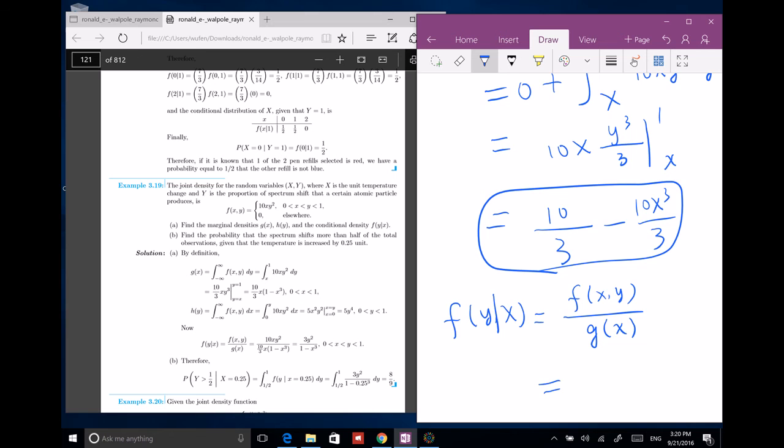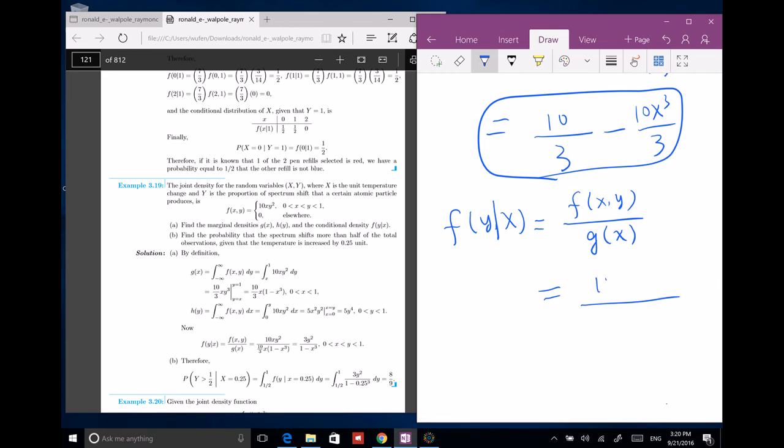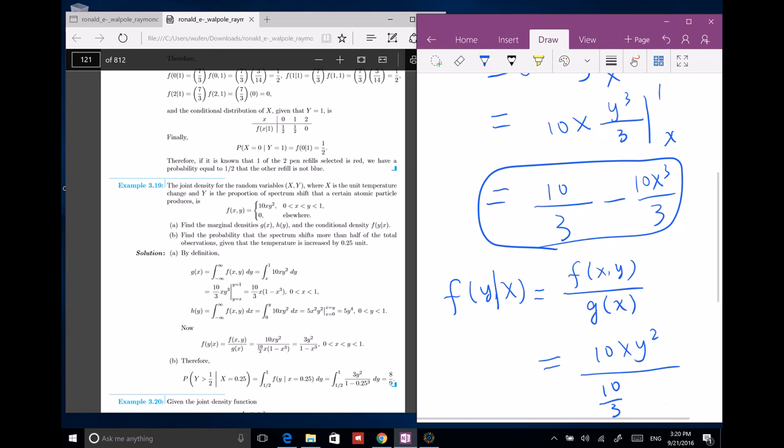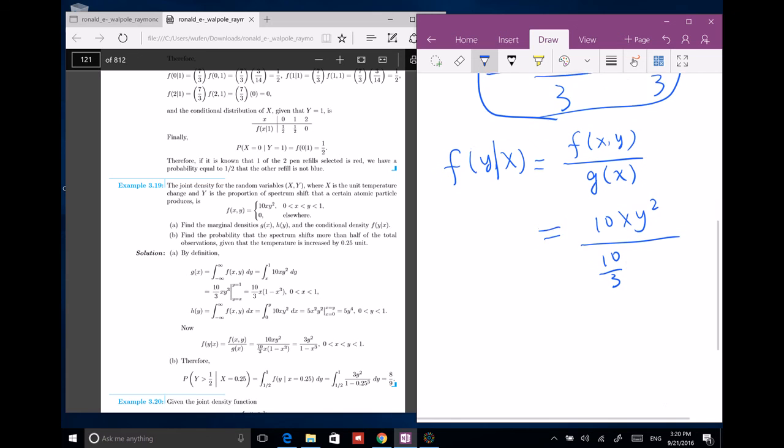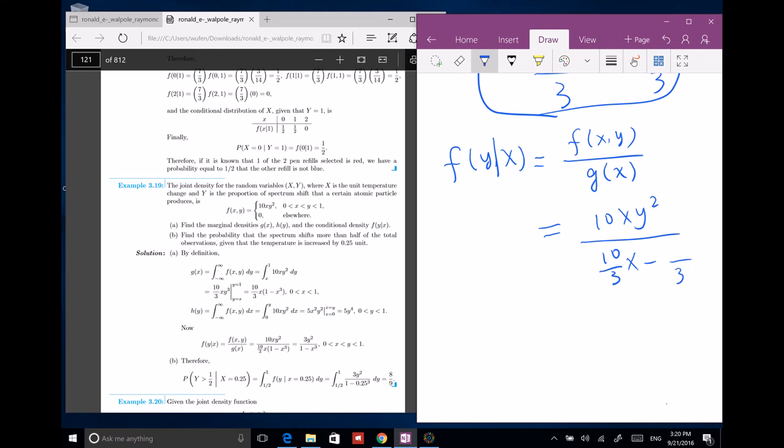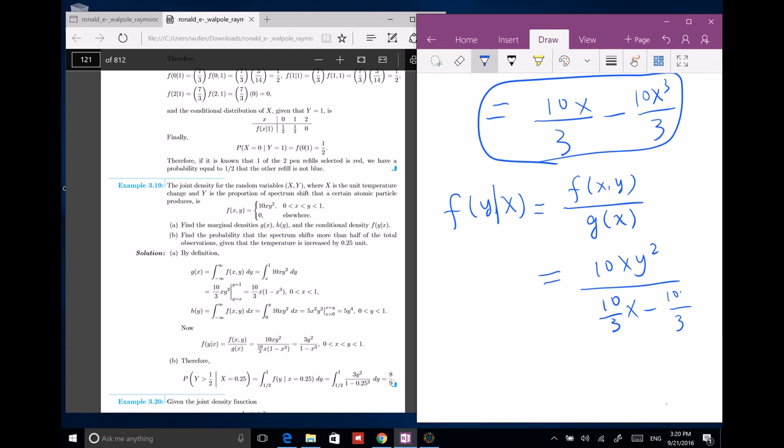Now f(x,y) is given as 10xy squared, and g(x) we just found is 10x over 3 minus 10x to the fourth over 3.